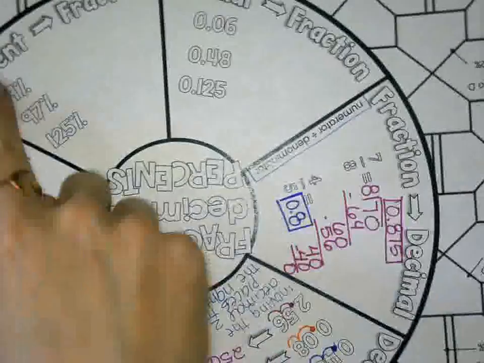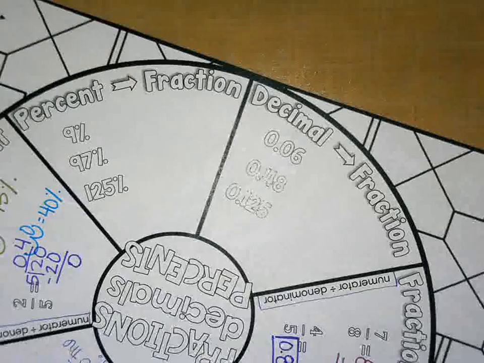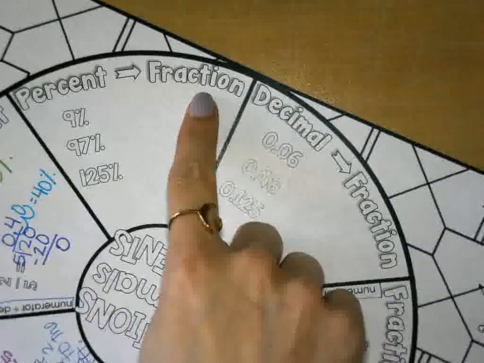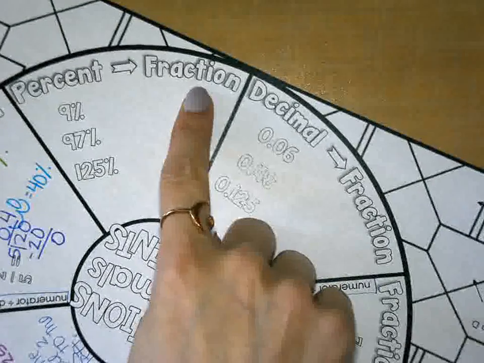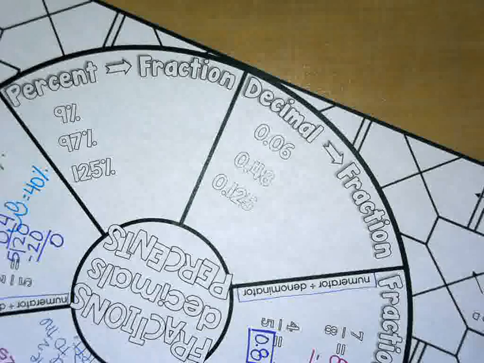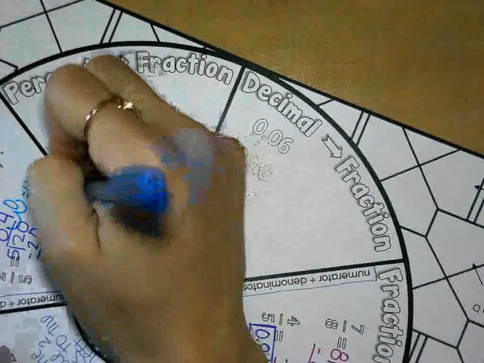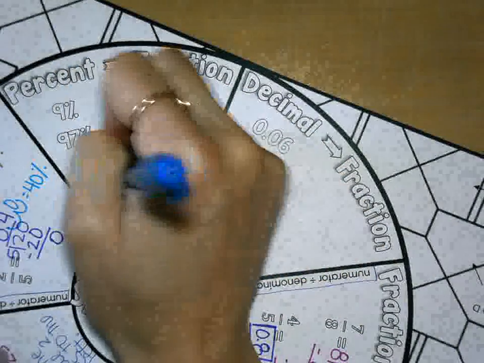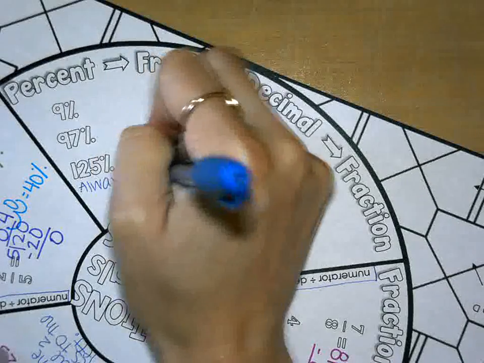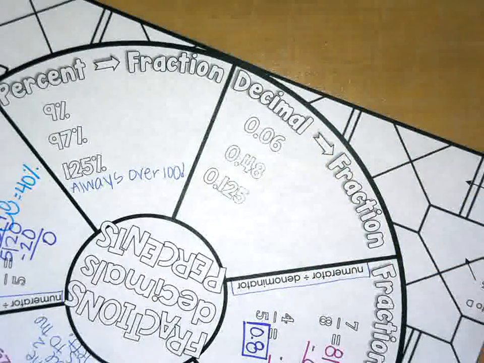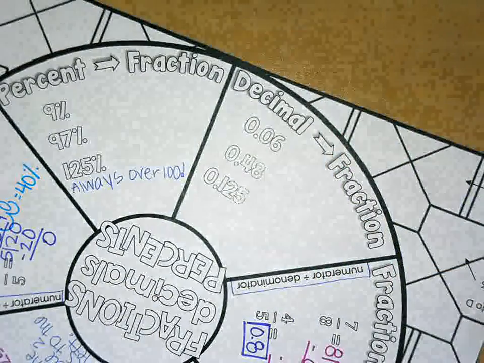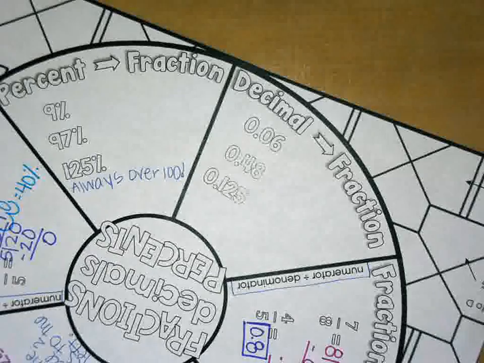Okay, the last two are percent to fraction and decimal to fraction, and they're kind of separate. The way that this works is when we go from percent to fraction, the rule is always over 100. Always. No matter what, when you do these problems, you always put it over 100, no matter what the number is.